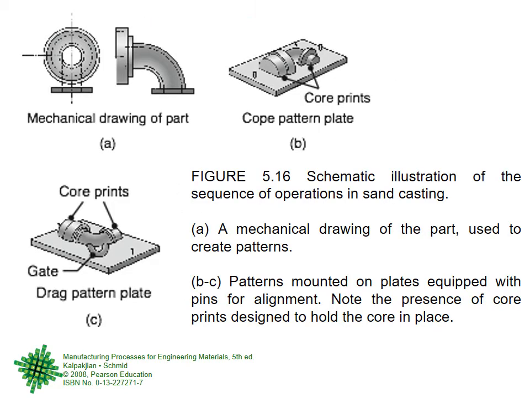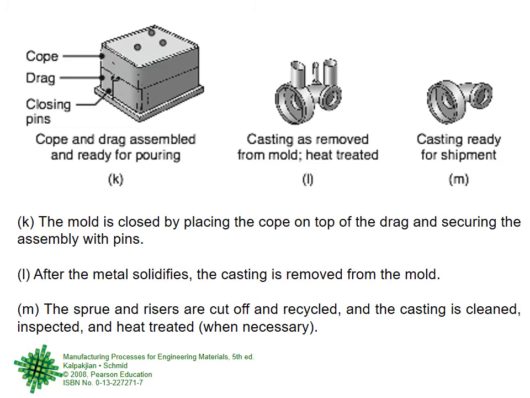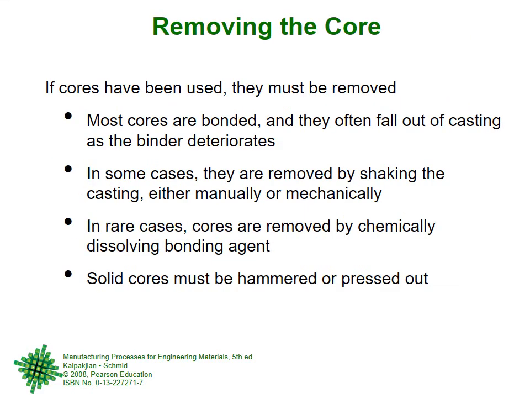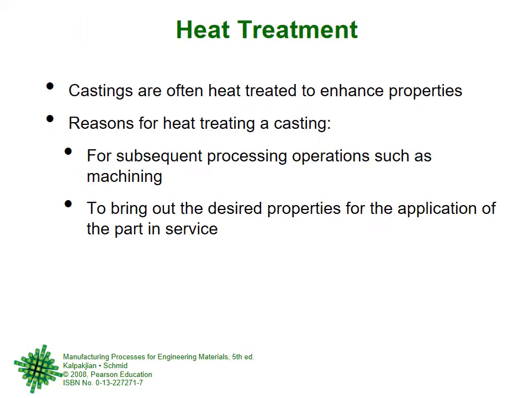We divided that big figure into parts, until you get the final casting. So we explained all the steps with core, with everything in a lot of detail. Then additional steps after solidification: trimming, removing the core if the core is there, surface cleaning and inspection. So all the steps in the actual molding, and then heat treatment after casting if needed.